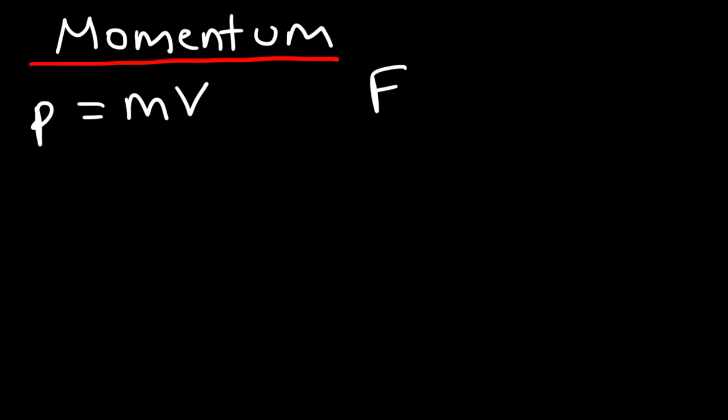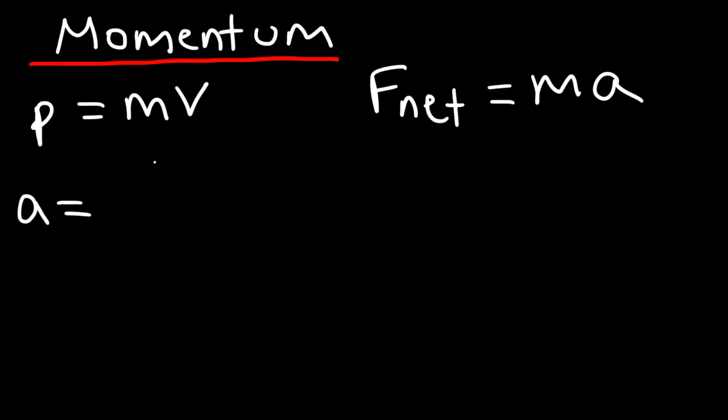Now, based on Newton's second law, we know that the net force of an object is the product of its mass times acceleration. And acceleration is the rate at which velocity changes. It's the change in velocity divided by the change in time.